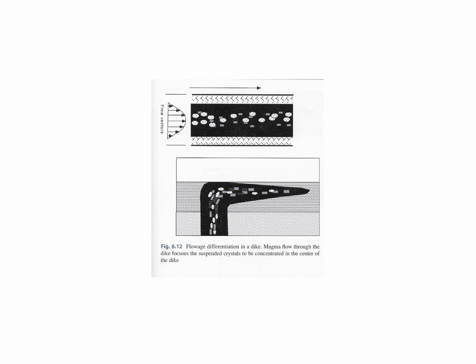So, and here we have then such a sill. It becomes smaller and smaller, as I told you, and then it becomes stuck, yeah? So we have the flowage differentiation in a dike, yeah? Magma flows through the dike, causing the suspended crystals to be concentrated in the center of the dike.